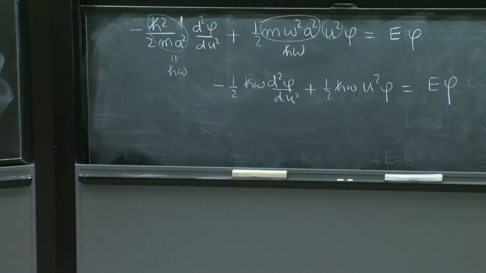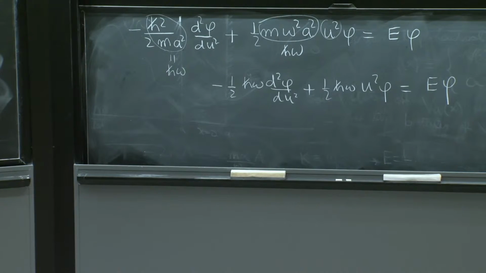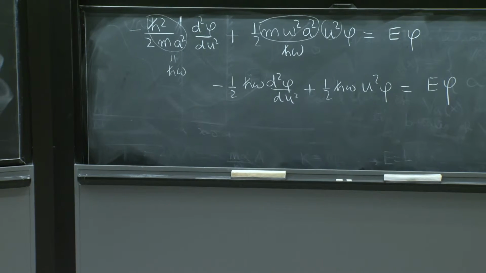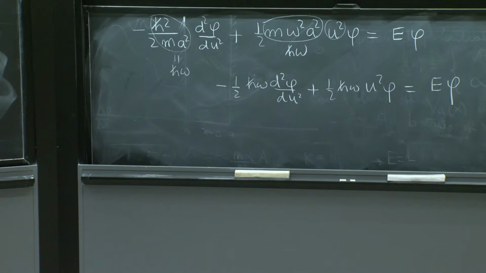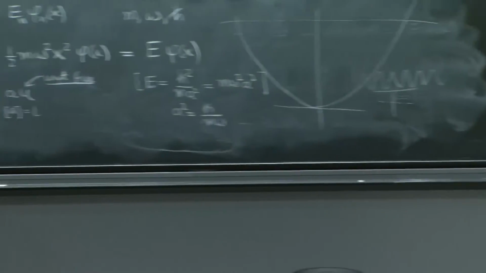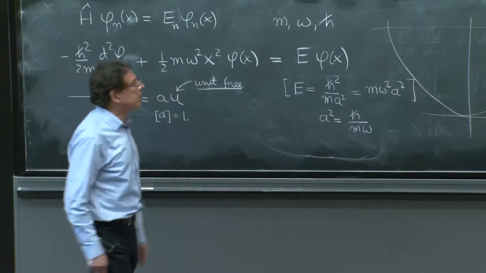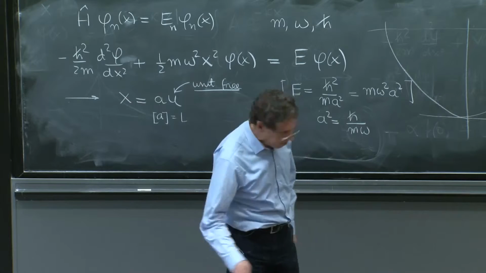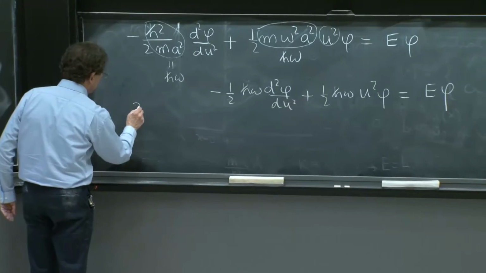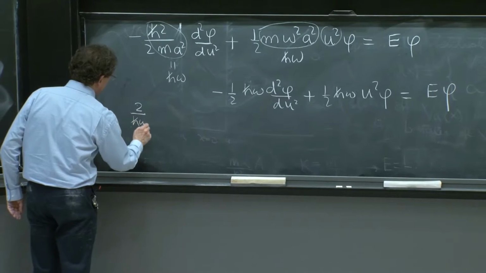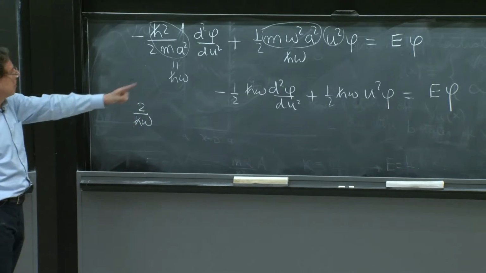The next step is to say, I don't even want these energy units, even though they don't look that bad. This equation looks much nicer than the original equation, which had all kinds of strange units. So I will multiply this equation by 2 over h bar omega to cancel it.